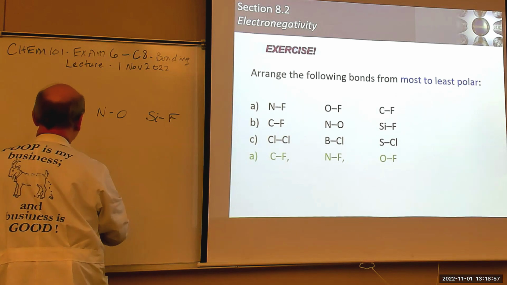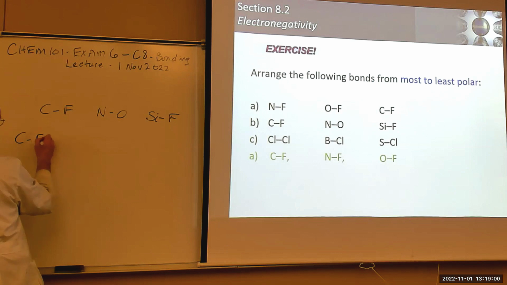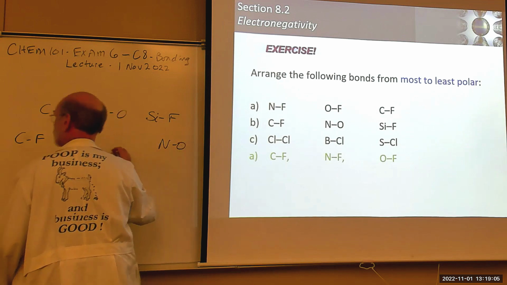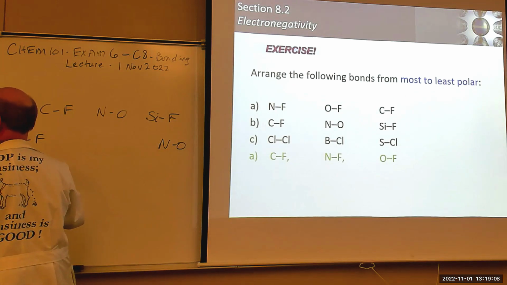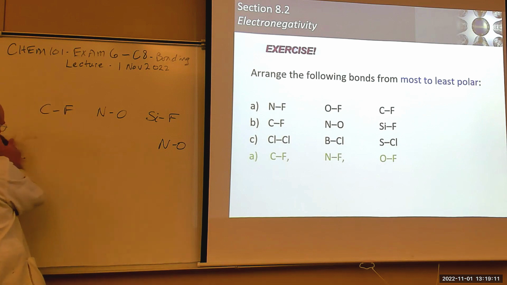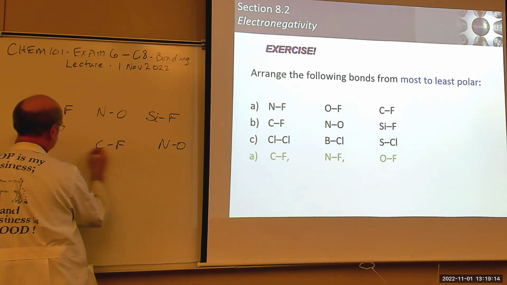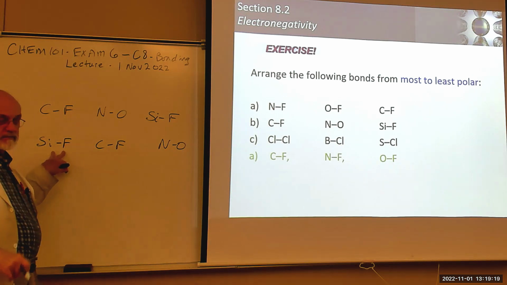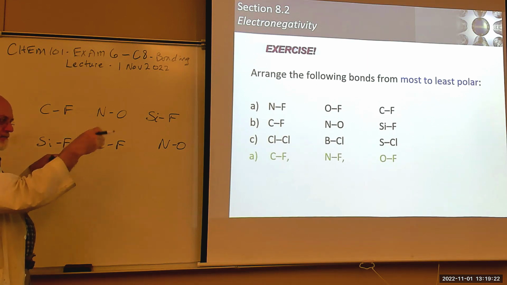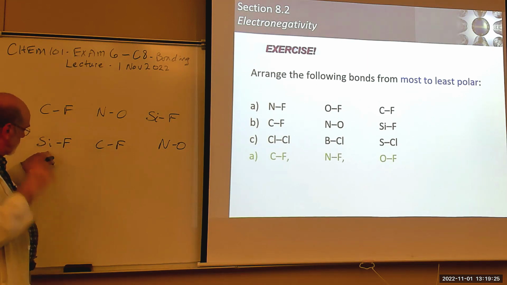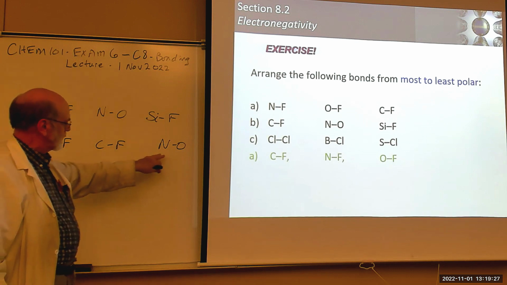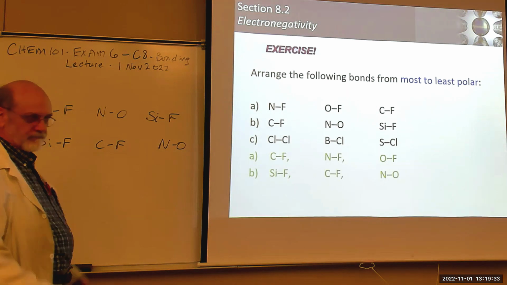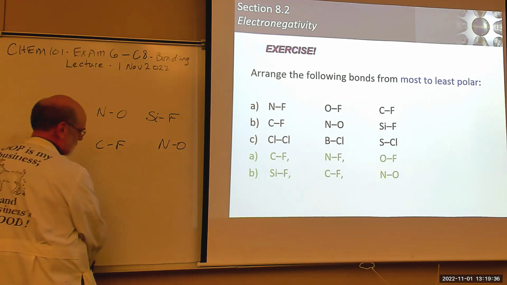In fact, this is the most polar. Nitrogen and oxygen are right next door to each other. Silicon and fluorine, well, actually, silicon and fluorine are further apart. So that means carbon and fluorine go in the middle. So these are furthest apart, both horizontally and vertically. Then carbon and fluorine, then nitrogen and oxygen, I think. Yeah. At least I agree with the slide.